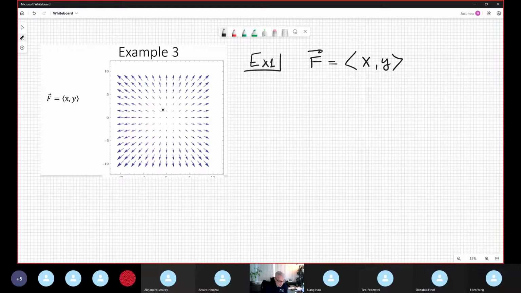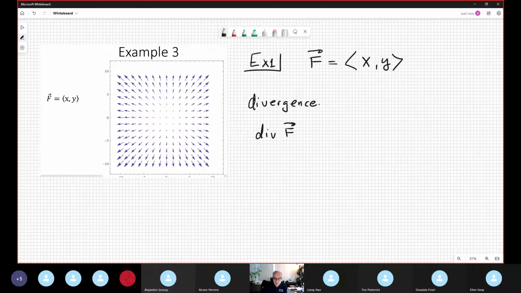Now, to understand this, we have two operators. The first operator is the divergence. To understand the properties of the vector field, we have, fortunately, two operators. The first one is called divergence, and the symbolic way to write it is div.